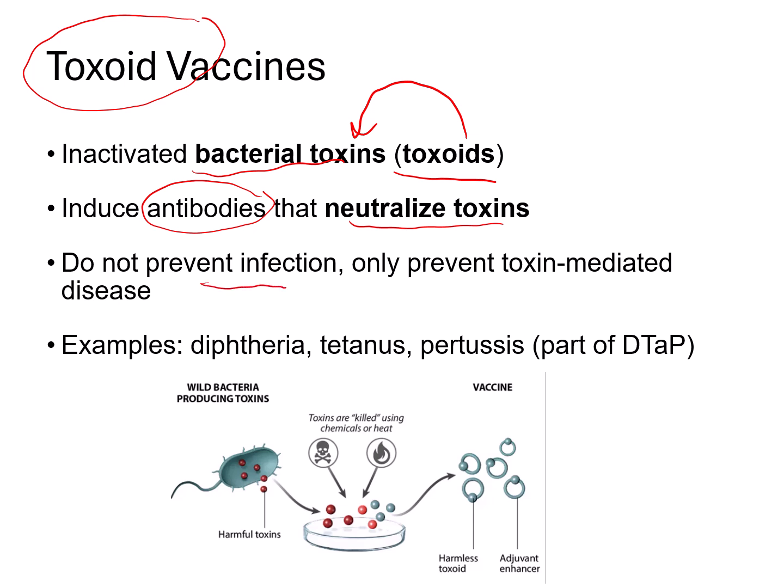So they're not going to prevent infection by the bacterium in the future, but it will prevent the effect of the toxins, since you'll have produced antibodies or memory cells that can produce antibodies against the toxin directly. And examples of toxoid vaccines include vaccines against diphtheria, tetanus, or pertussis, and these are components of the DTaP vaccine.